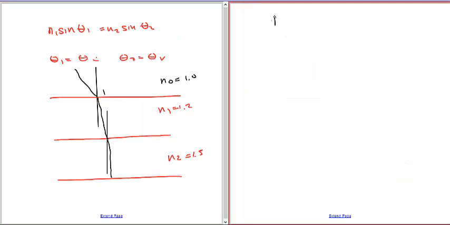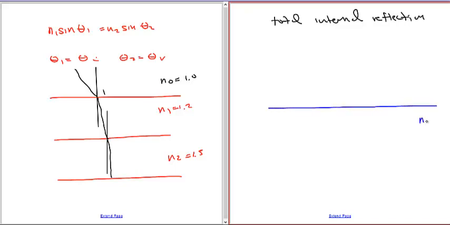And the last thing out of this chapter is called total internal reflection. So remember what's happening here is you're going from some material of, let's say N1 is now 1.6 and N2 is 1.